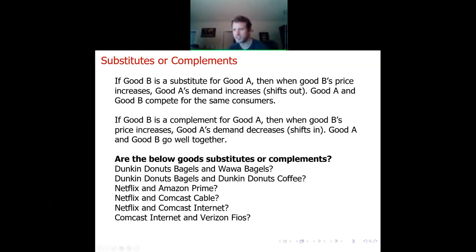So the more expensive that internet becomes, if the internet is now $1,000, you might not see too many Netflix subscribers because people are going to be scraping by to get their internet. And lastly, Comcast Internet and Verizon Fios. Those should be competitors, so they're substitutes. And if Verizon Fios increases its prices, Comcast Internet should see a spike in demand.